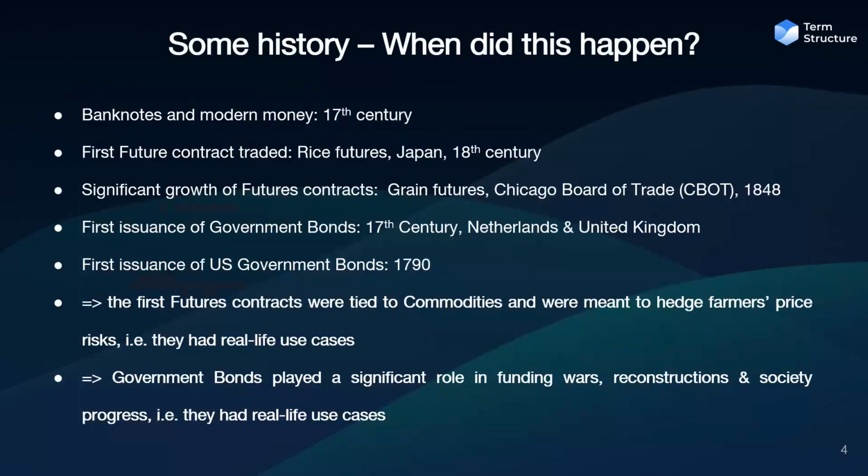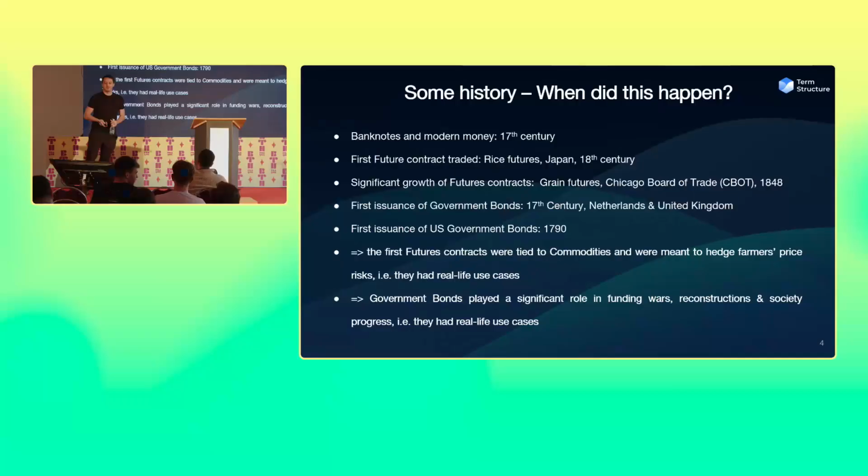But before that, I just want to go into some financial markets history. Banknotes and modern money were invented in the 17th century. The first futures contract, it's really interesting, was traded in Japan in the 18th century, and it was a rice futures contract. Farmers were trying to ensure their future crop and hedge their price risk.